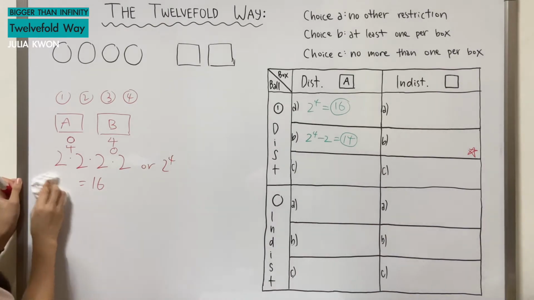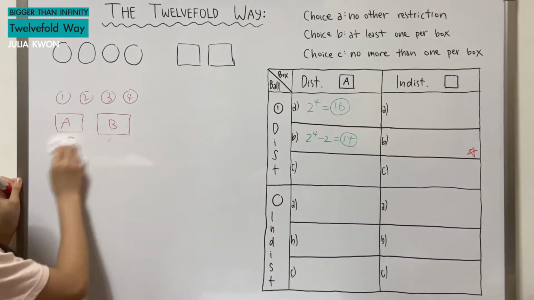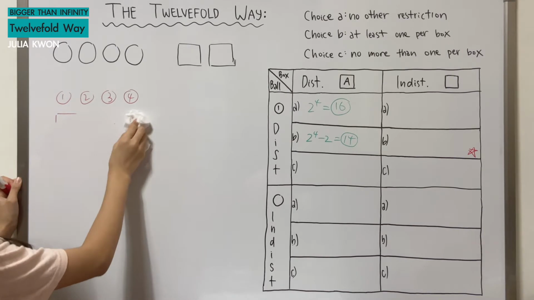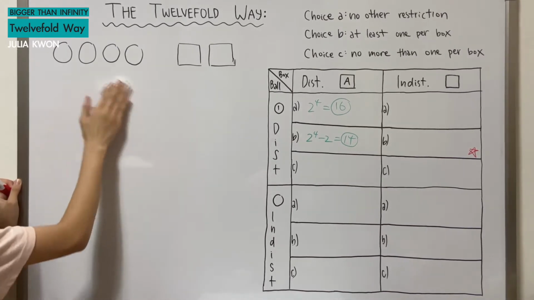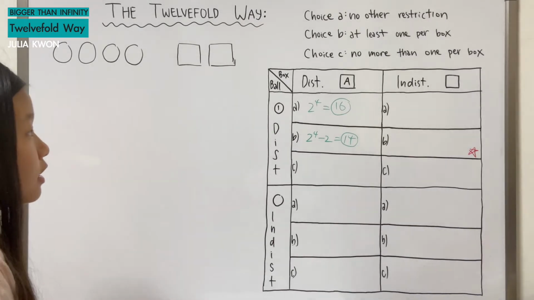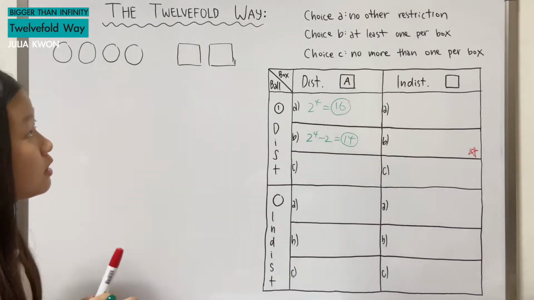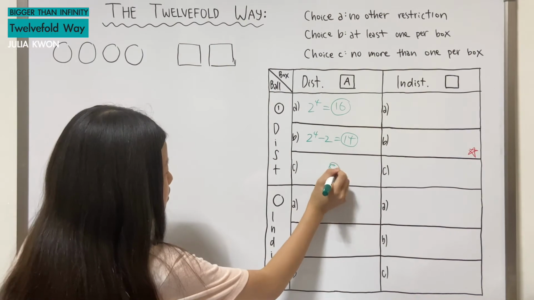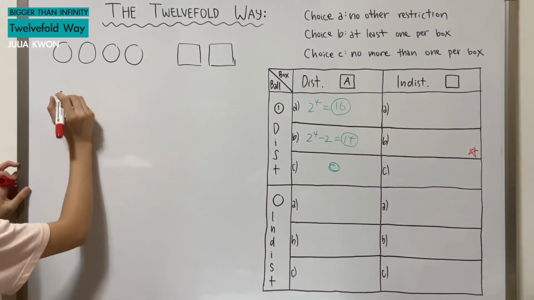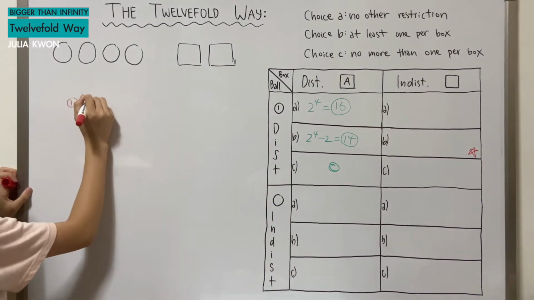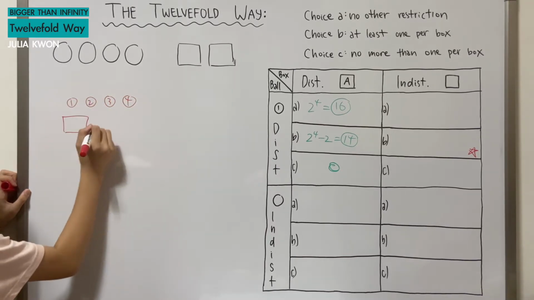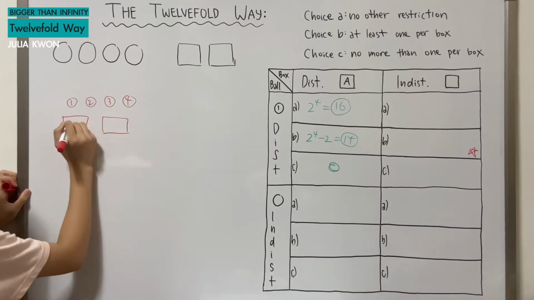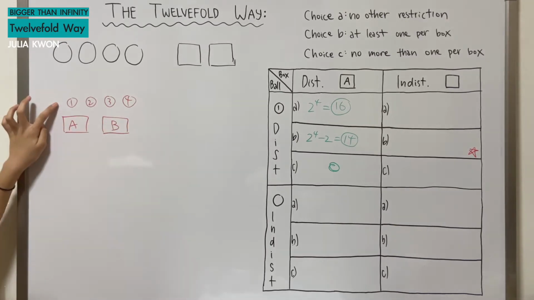Now for choice C. Choice C says no more than 1 per box. So no more than 1 ball per box. And in this one, the answer is 0, because we have 4 distinguished balls and 2 distinguished boxes, and it doesn't matter that they're distinguished, it's just that there are more balls.